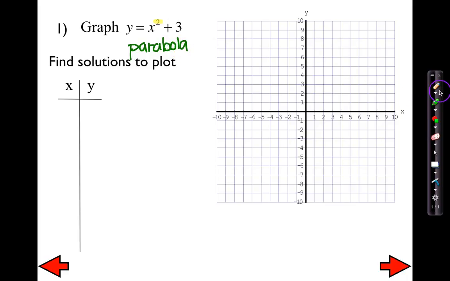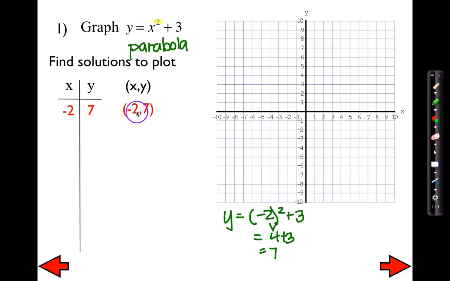Here I'm going to pick my ordered pairs. -2 is going to be first. In my side work: y equals -2 squared plus 3. Here -2 squared is 4, plus 3 is 7. So my ordered pair would be -2 comma 7.